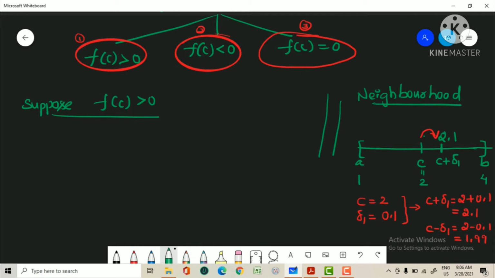To the value of c you have added some point, delta 1.